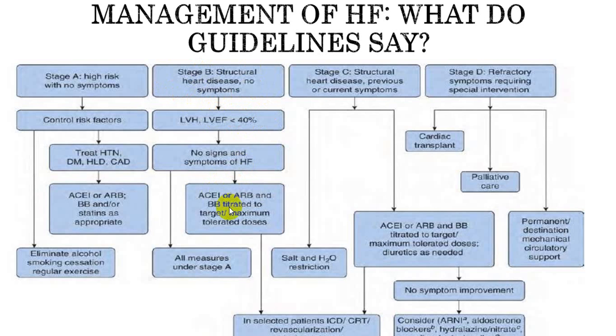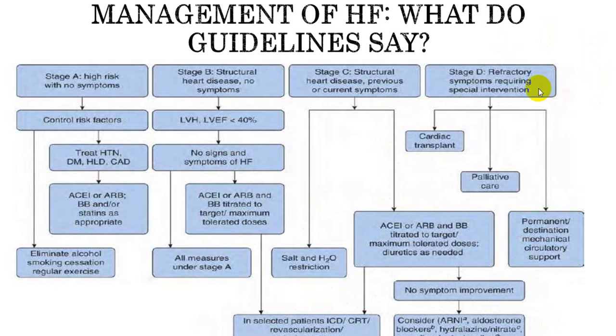You can go for ACE inhibitor, beta blocker, diuretics, and try to manage. But once they go into stage C, now you will require ACE inhibitor, beta blocker, diuretics, and if not controlled, you can go for ARNI, and if still not controlled, you can go for ICD and CRT or revascularization therapy.